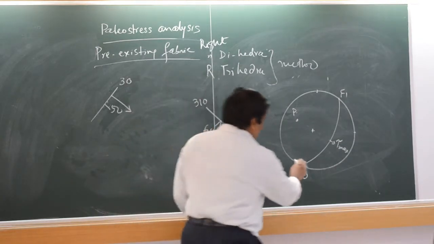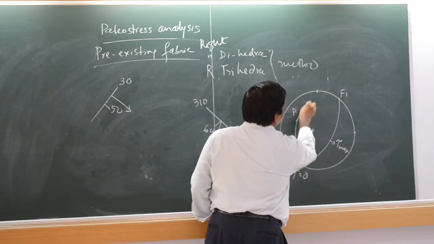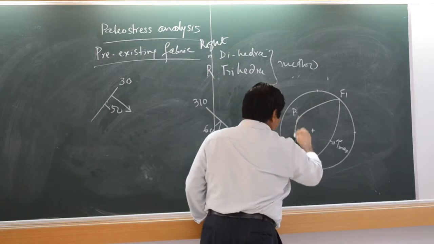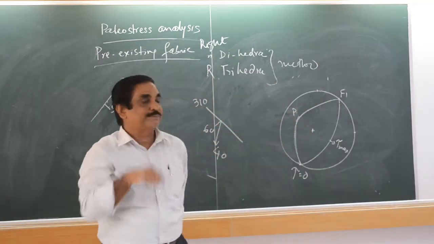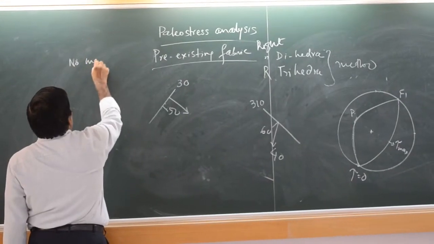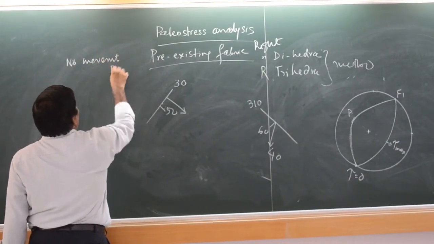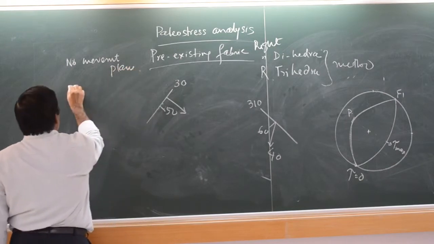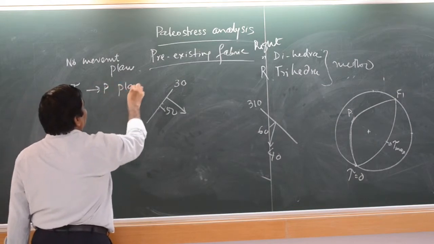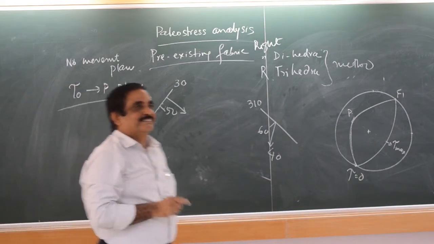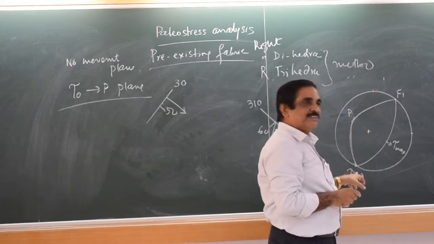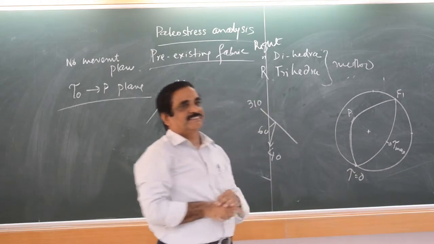So what you have to draw is the P0 P plane. ऐसा P0 P plane करना पड़ेगा आप. Instead of drawing movement plane, no movement plane now. Draw the P0 pole plane. You have to draw this one now. Earlier you were drawing this plane, now you draw this plane, passing through this. Understood na?